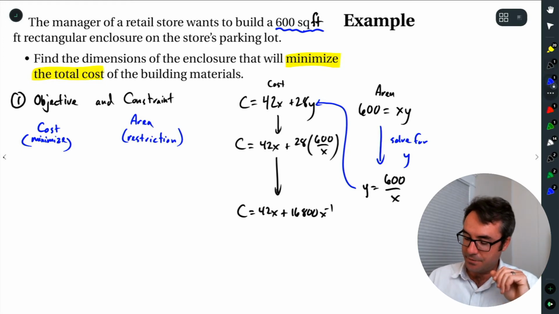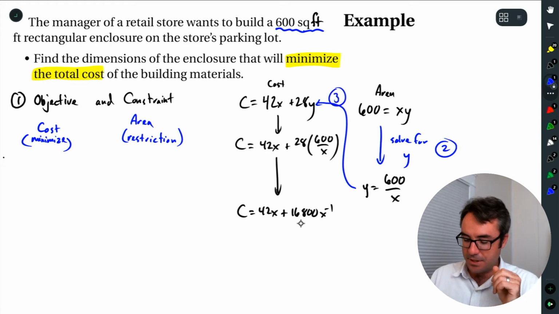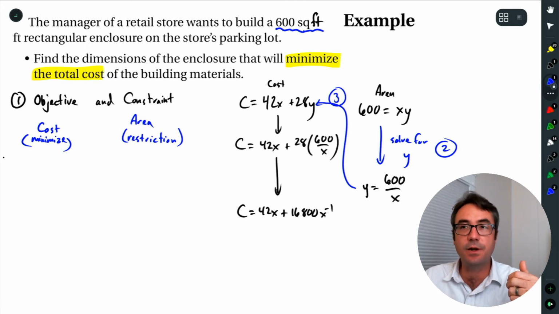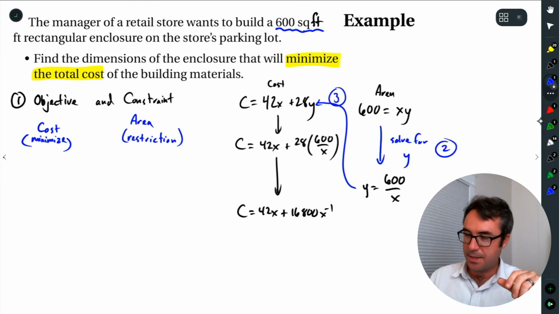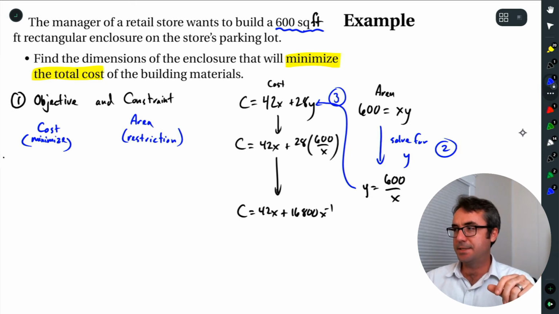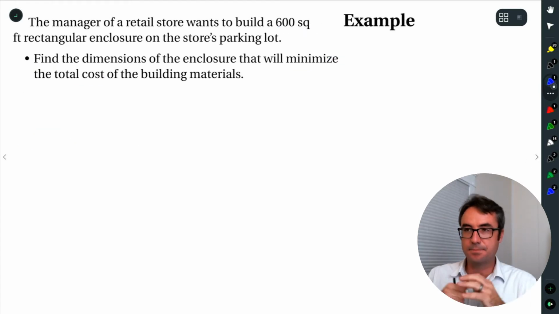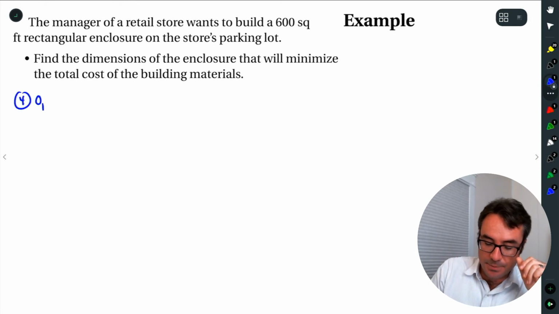So step 2 was solving the constraint equation for y generally, and then plugging in was step 3. Once we have this nice simplified function, all in terms of one variable, now we're ready for calculus. So that's what's going to come next. Let's actually calculate the derivative. Step 4 is to go through our optimization methods.